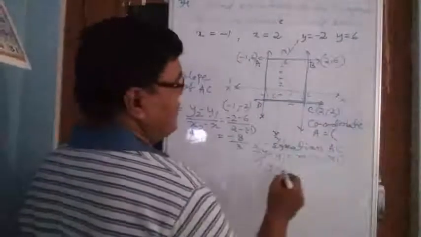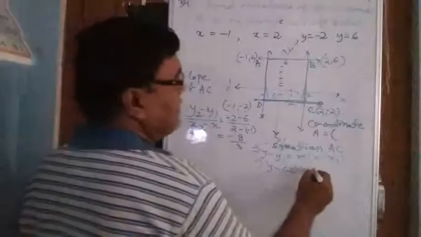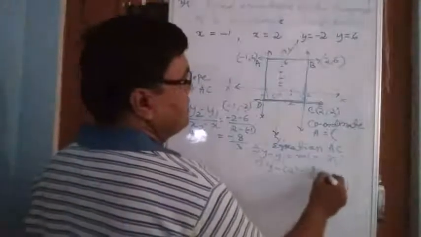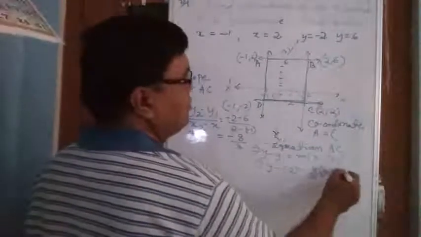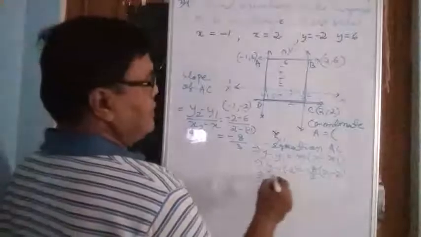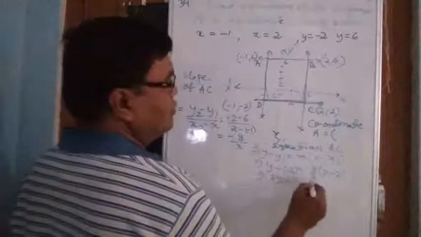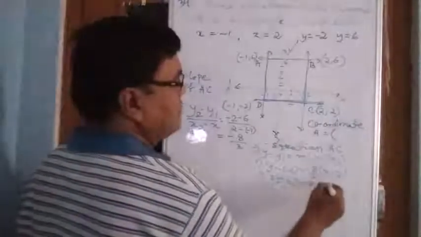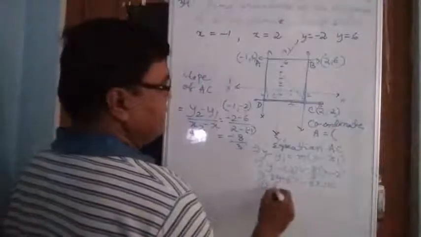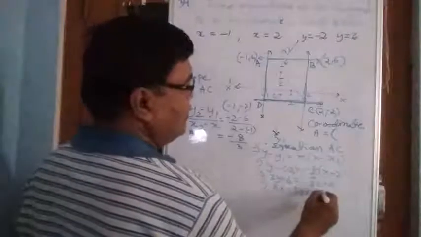I am taking the coordinate (2, -2), so y minus of -2 equal to -8 by 3 into x minus 2. Cross multiplying and simplifying, 3y plus 6 equal to -8x plus 16, so 8x plus 3y is equal to 10.